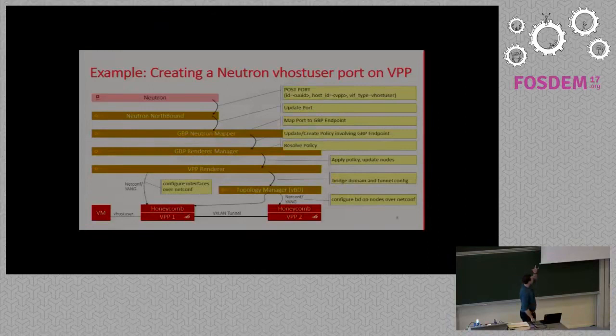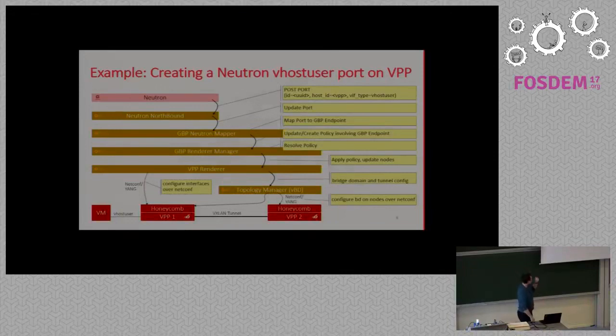So the matter of fact is that the abstraction that comes from OpenStack has to be transformed into one that is in the GBP plugin in OpenDaylight, and then we have pre-distributed rendering of configuration on different types of nodes.